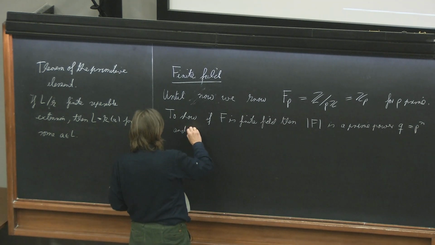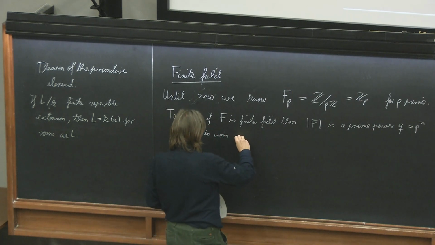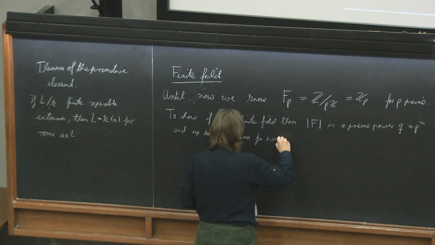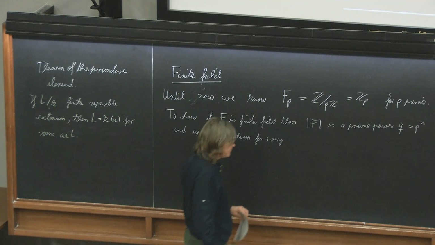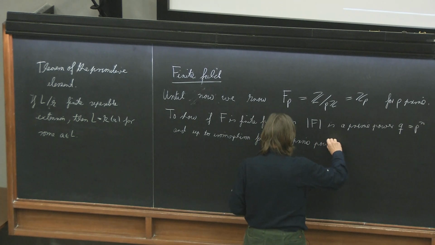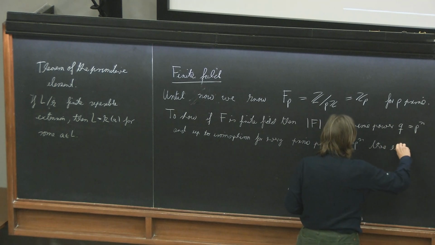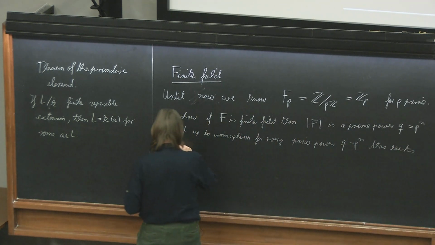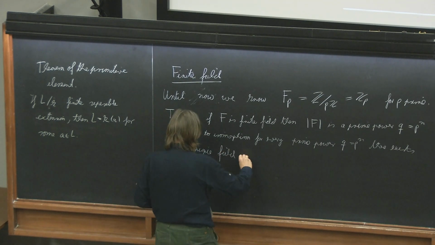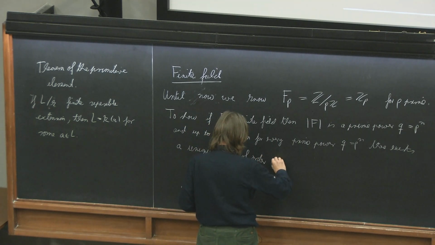Up to isomorphism, for every prime power q equal p to the n, there exists a unique field of order p to the n.